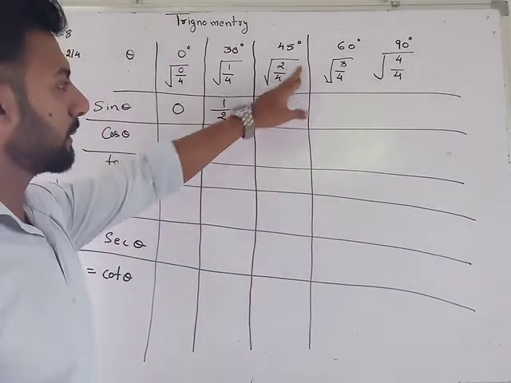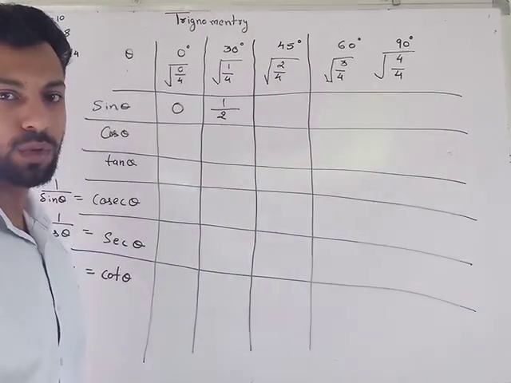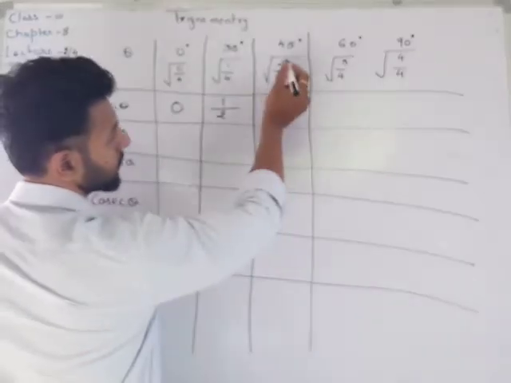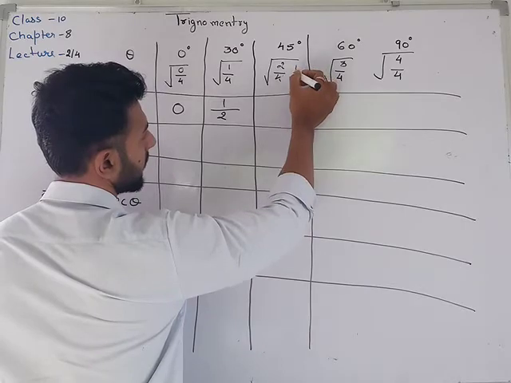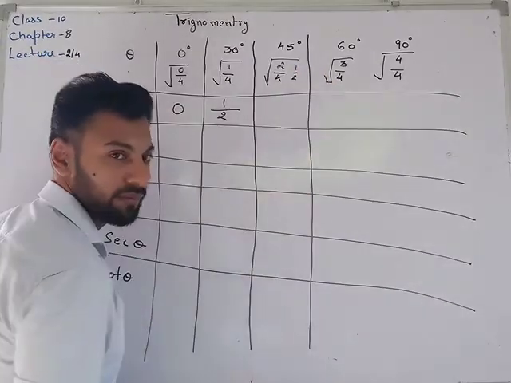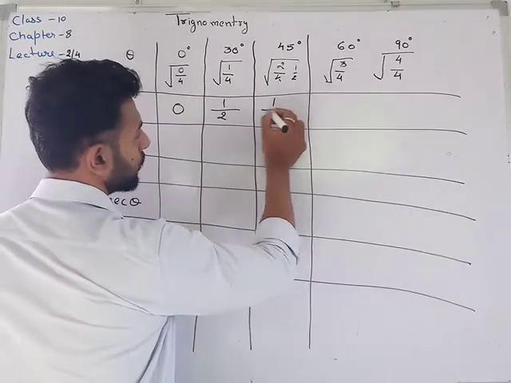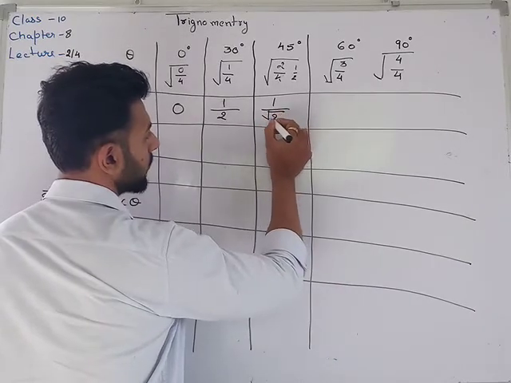Now 2 by 4 can be simplified to 1 by 2. This 2 will get cancelled out with this 4. So under root of 1 will be 1 and under root of 2 will be under root of 2 only.